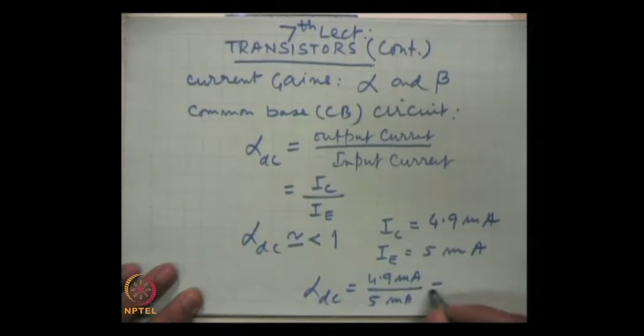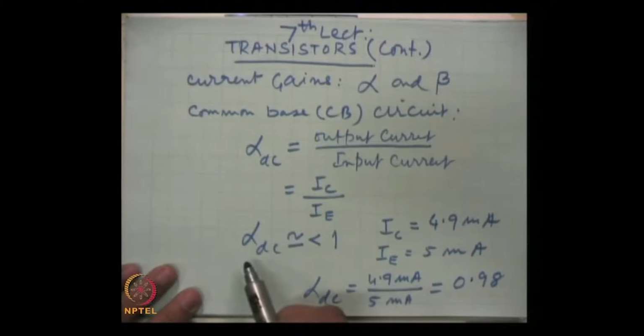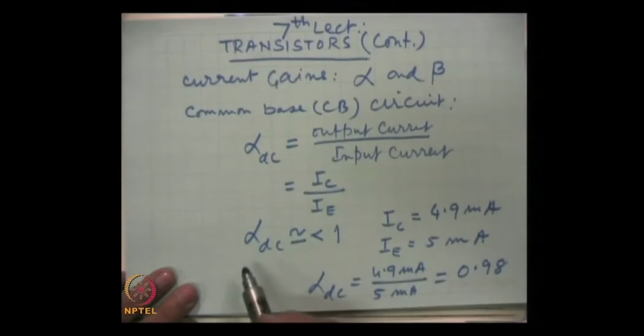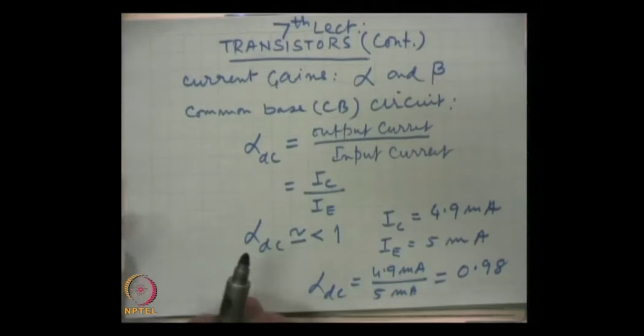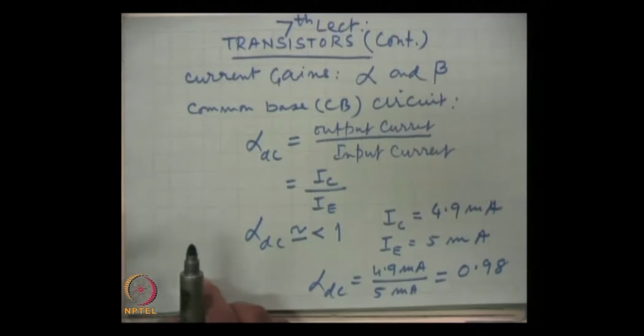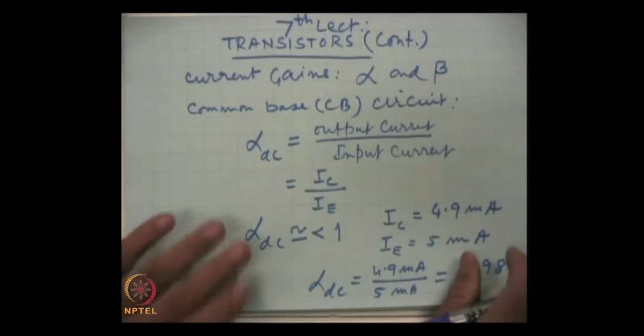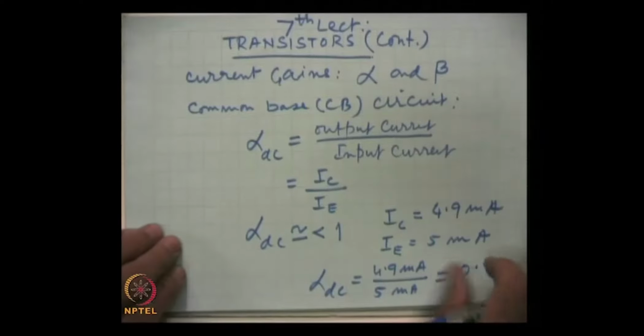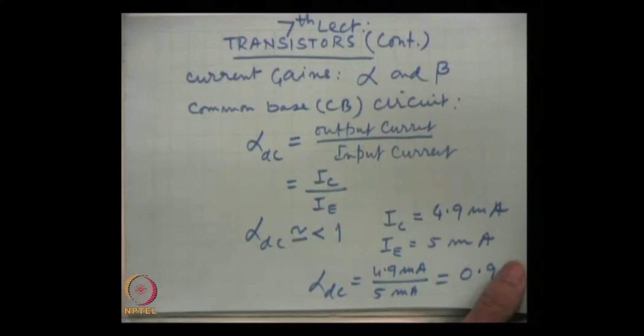So, this is equal to 0.98, close to 1, but less than 1. The common base circuit is an important case when we talk of the working of a transistor and in many other situations. So, alpha DC is a fundamental quantity that we will remember, but it is less than 1.